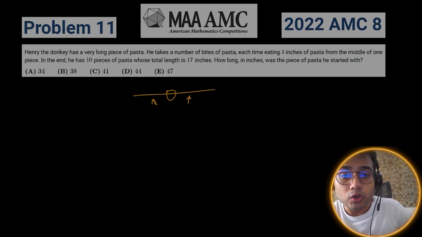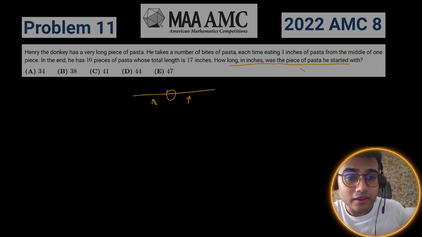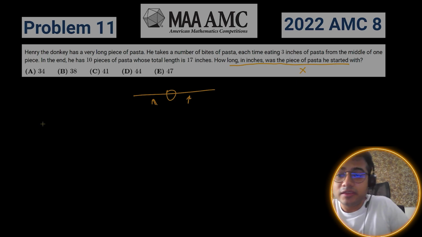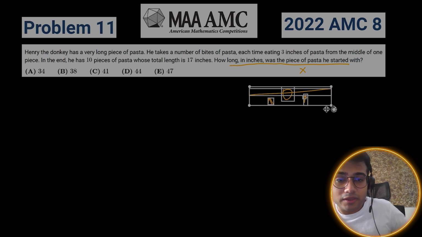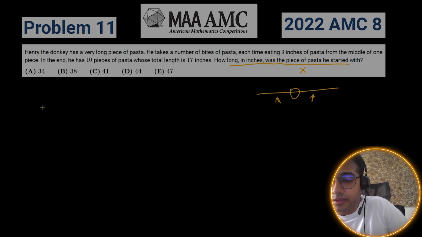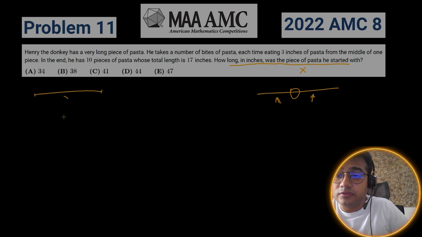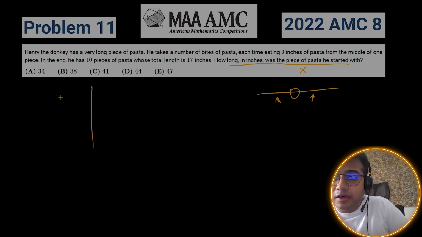So the question is what we're going to define as our variable. Let's run through the scenarios and see if we can find a pattern. At the beginning, we had x, and we're going to make two columns. One is going to be the number of pieces, and the other the total length.